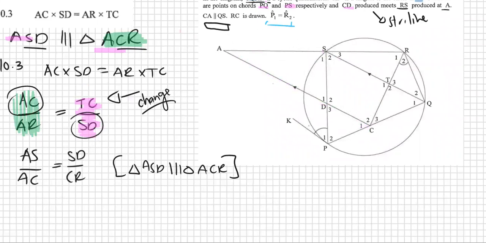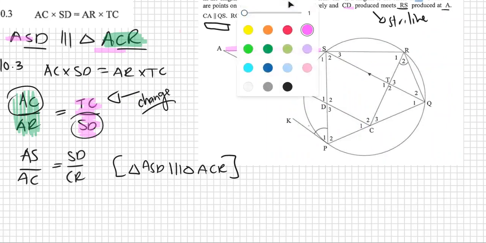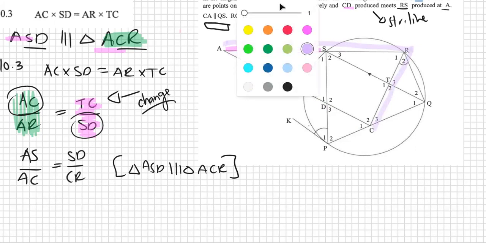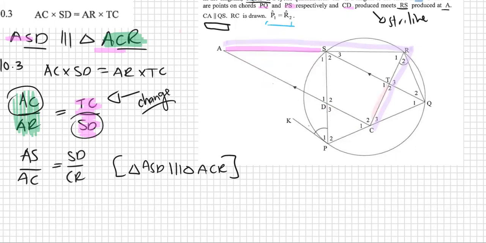Then AS over AR, using the parallel lines ST and AC, is going to be equal to, on the other side, CT over CR.